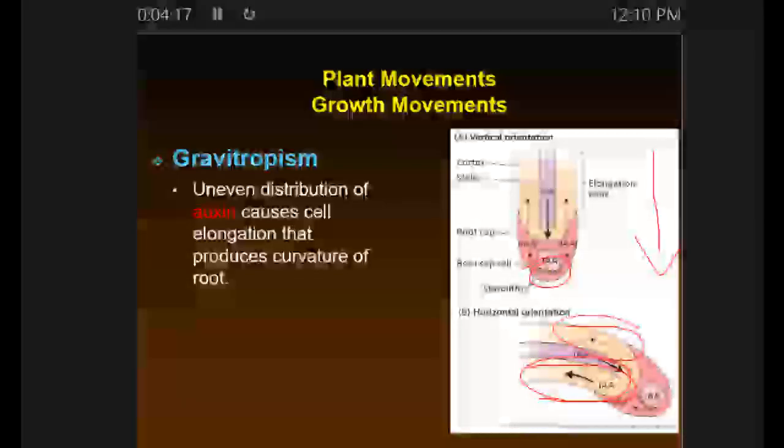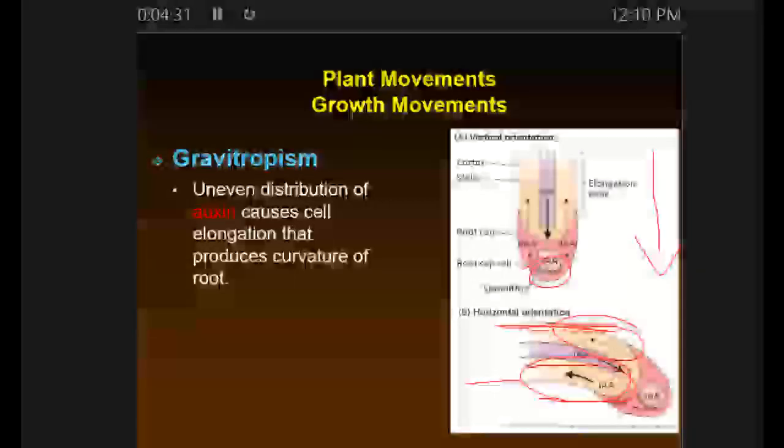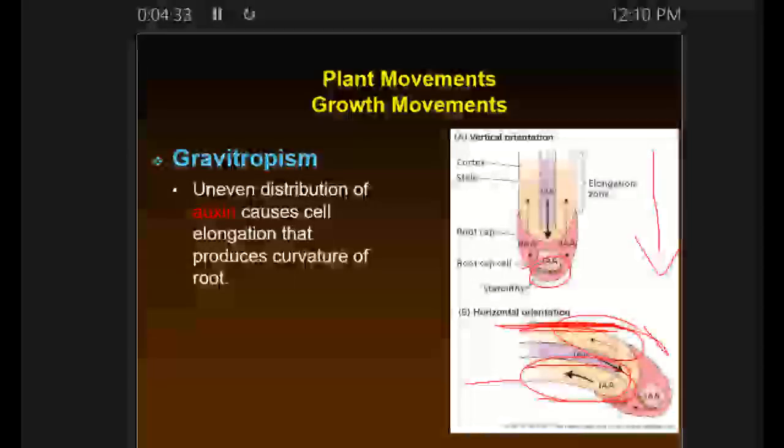That asymmetrical concentration tells the lower cells to slow down and tells the upper cells to speed up, speed up, speed up. And when they speed up, they start to outgrow the bottom side, and that allows for the curving down.